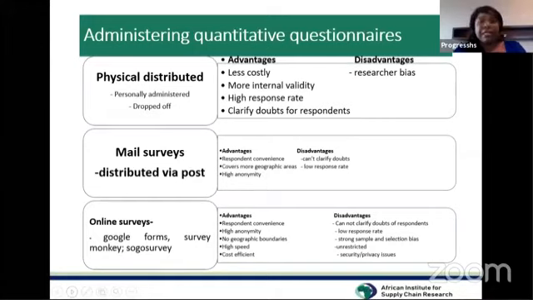Okay, so the advantages again, when you choose to make use of the mail surveys to distribute your questionnaires, some of which would be the high anonymity. But this one highly depends on whether your questionnaire does not ask for any kind of information that would personally identify the respondents. And also try and have a broader sample so that you cannot link specific responses to particular respondents.